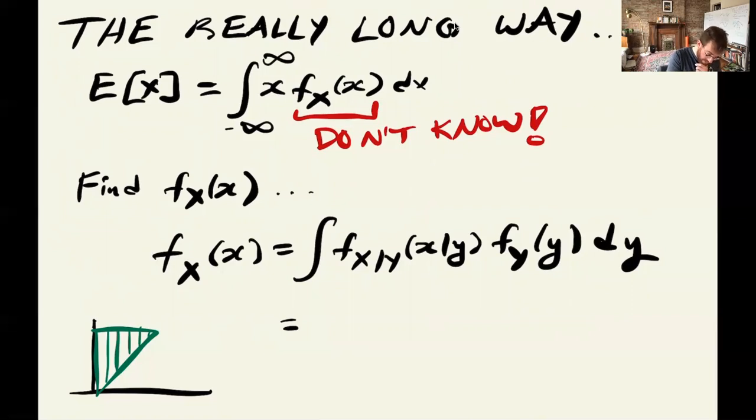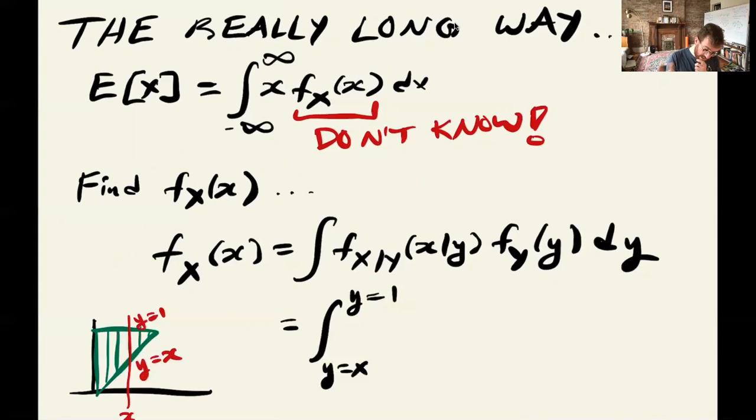So pick a slice, a little x. Now you see that if I'm integrating with respect to y, I have to start at y equals x and I end at y equals 1. So let's do that. We're now going to integrate from y equals x to y equals 1.